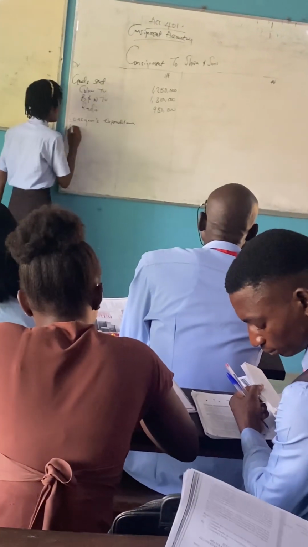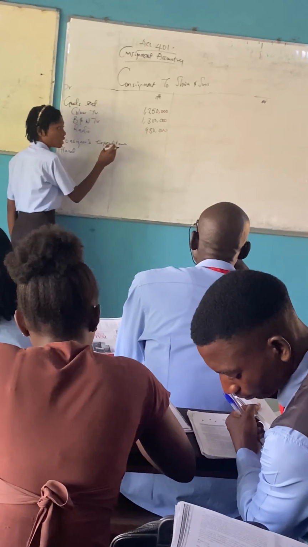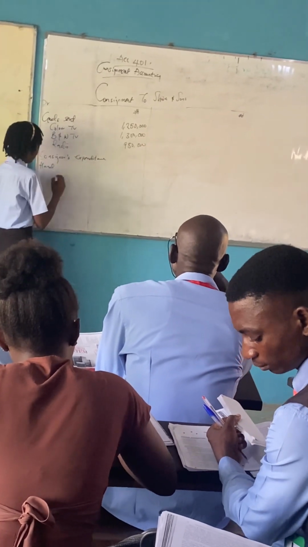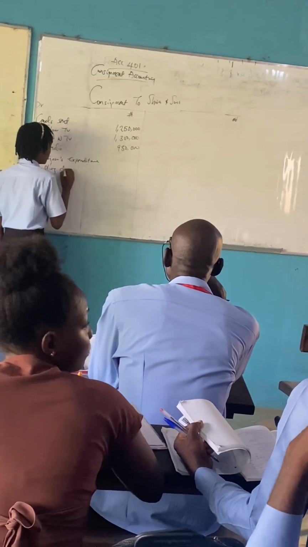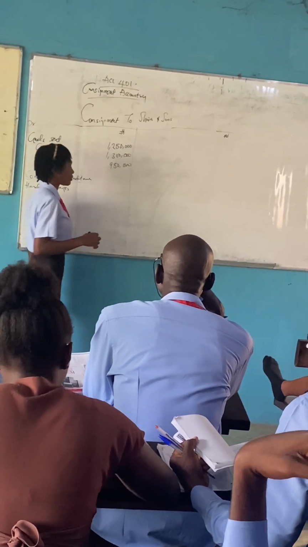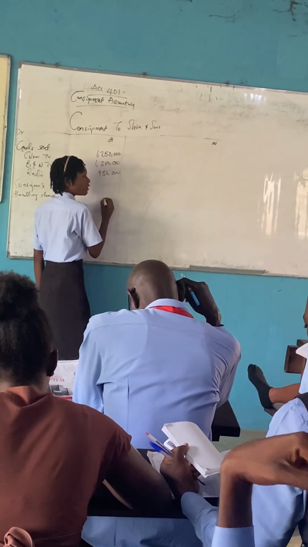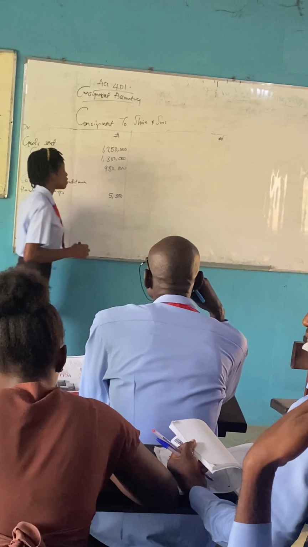Handling charges. Did we use quality? We added together. And this time the total figure is how much? 5,300. Next one.